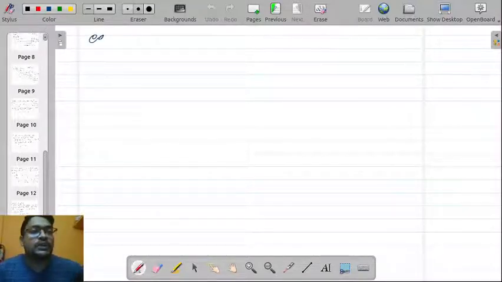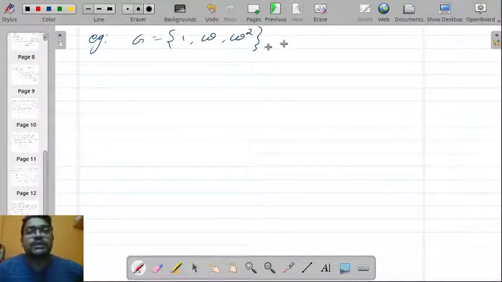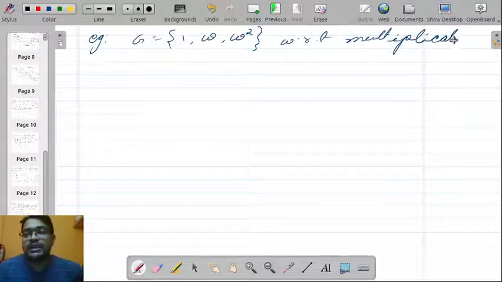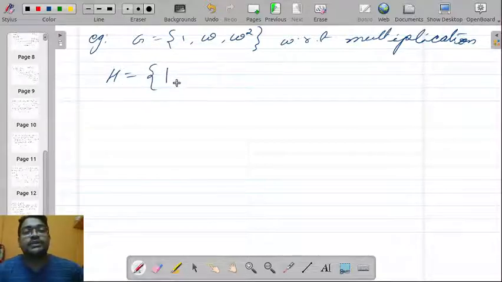Say for example, consider G equal to {1, omega, omega square} with respect to multiplication. Can you find a subset of G which satisfies all the properties of a group?